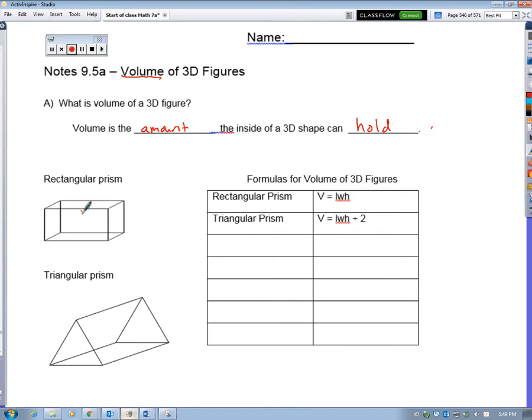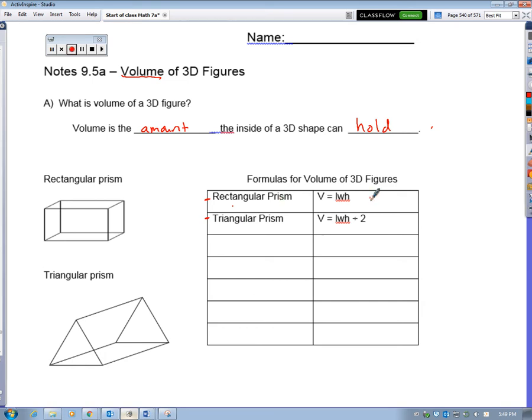And when we're calculating volume, we have these formulas over here. We're going to be working with rectangular prisms, which is this right here. We've worked with those for surface area. We're also going to work with triangular prisms, which are these right here, which we've worked with both of these. And if we're going to be calculating volume, which is indicated here by the V, we have two different formulas.